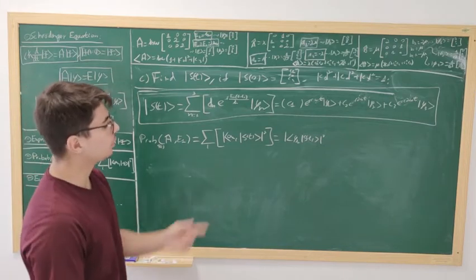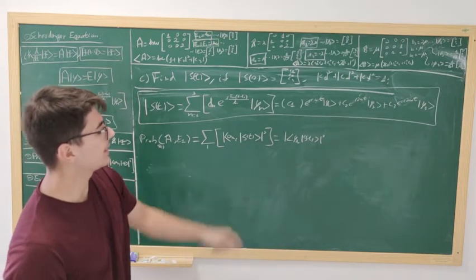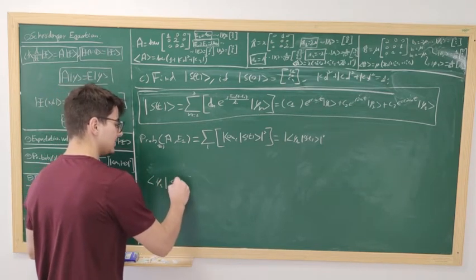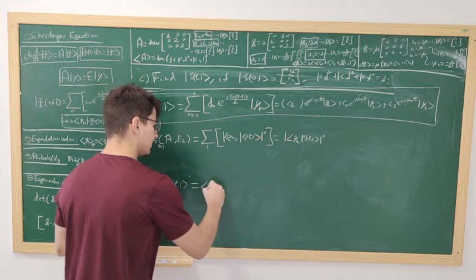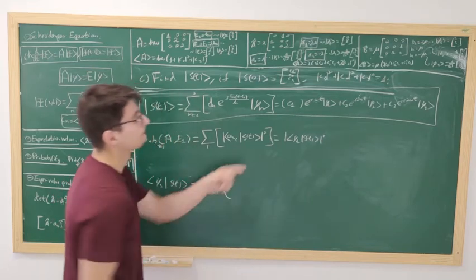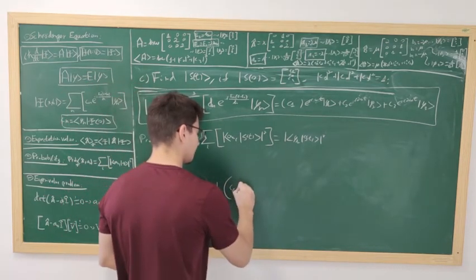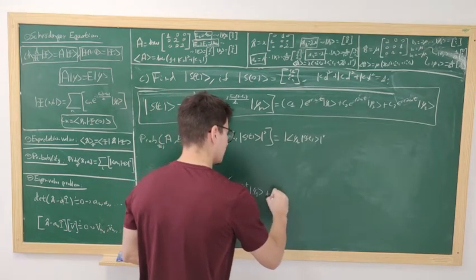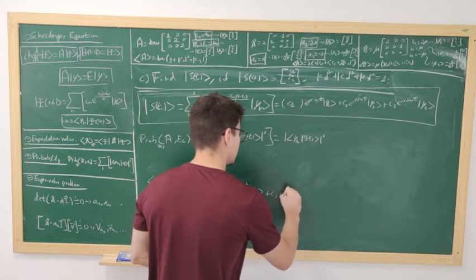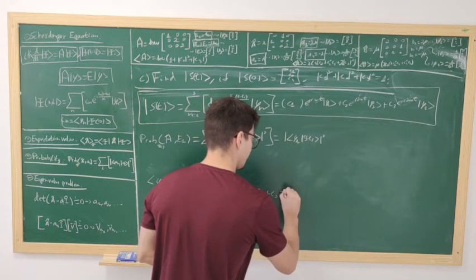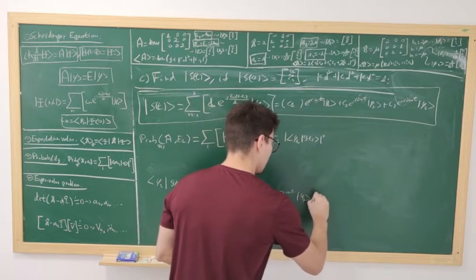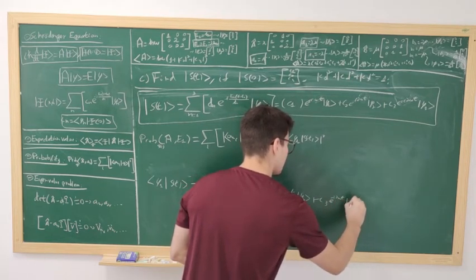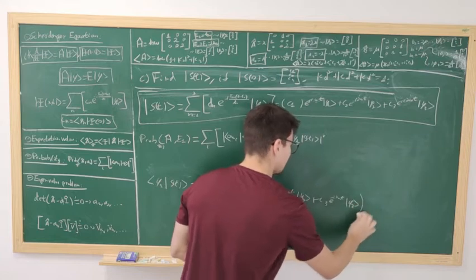Well, we have to do the product between phi 1 and psi(t), and notice that psi(t), well, we can write it as follows: c1 e to the minus i omega t phi 1 plus c2 e to the minus i 2 omega t phi 2 plus c3 e to the minus i 2 omega t phi 3.